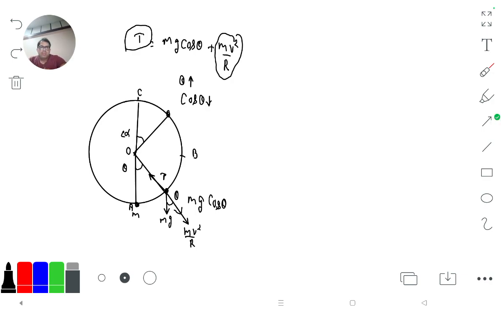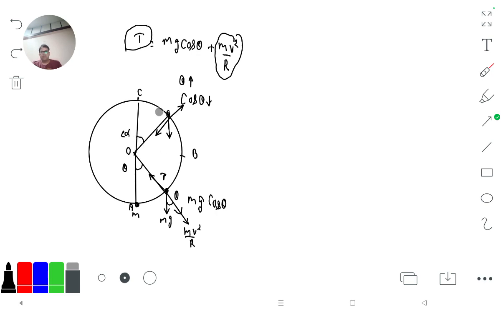Now we shall have to make the FBD. The weight mg will act in the downward direction. Tension in the string will act towards the center of the circular path, and the centrifugal force will act away from the center.